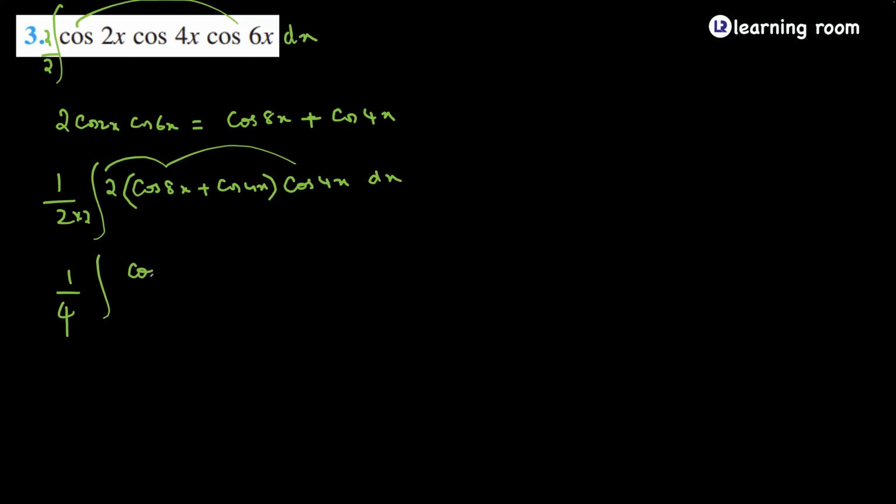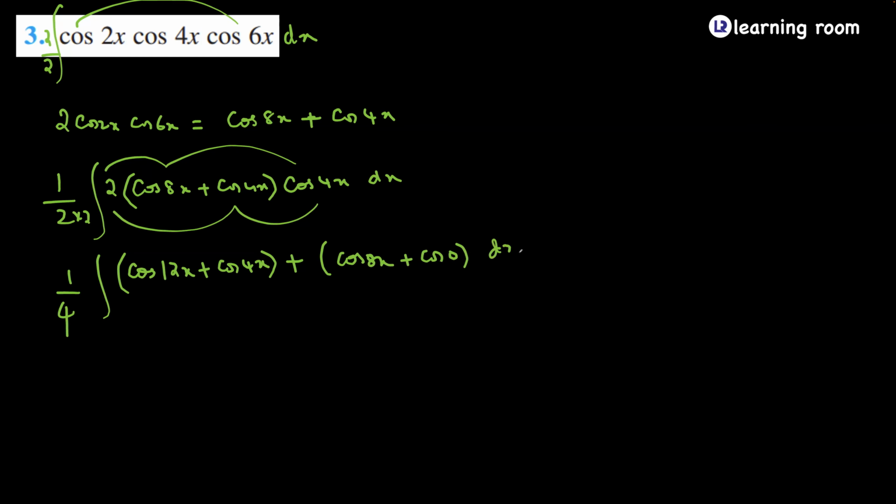It will be cos of 8x plus 4x, plus cos of 8x minus 4x, and then 2 cos 4x into cos 4x. It will be cos 8x plus cos 0, times dx.